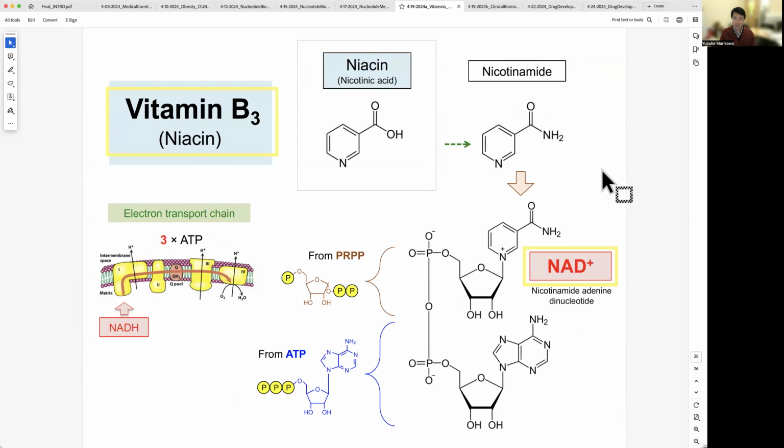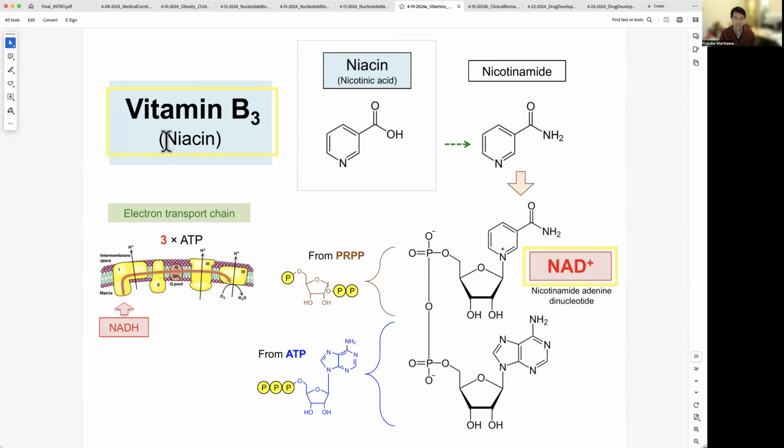B2, B3 could be kind of confusing, but I don't want you to get confused, so I will just focus on B3. You can forget about B2, but focusing on B3 will help to remember B2 in the future as well. But for now, B3, niacin.